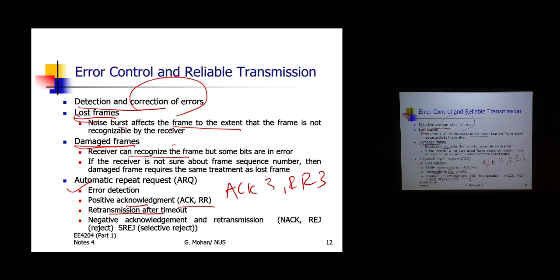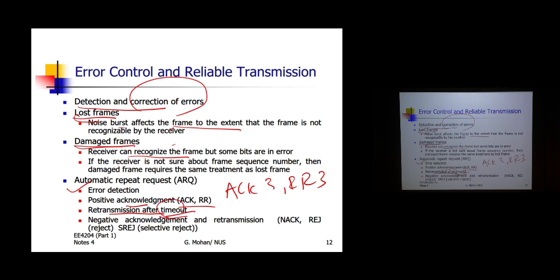Sender is waiting for something from the receiver side. Receiver has sent something which is lost, so nothing happens. Both of them cannot move further. A will stop transmitting, B is also expecting something from the other side, nothing is happening. So how long can they wait? Infinite time? No, it cannot. So we define a timeout period.